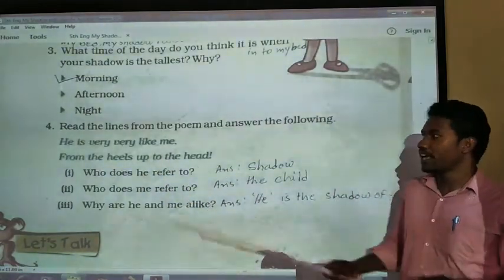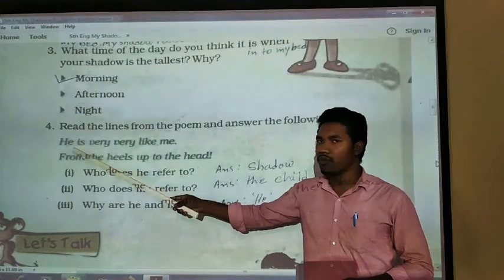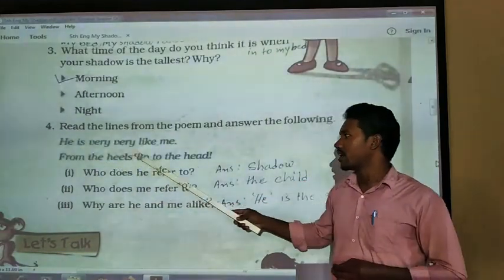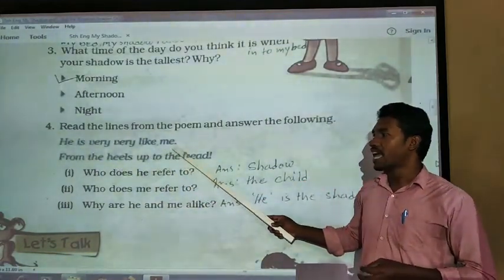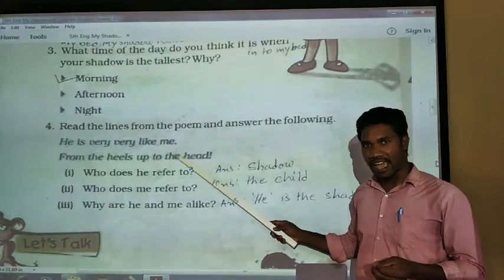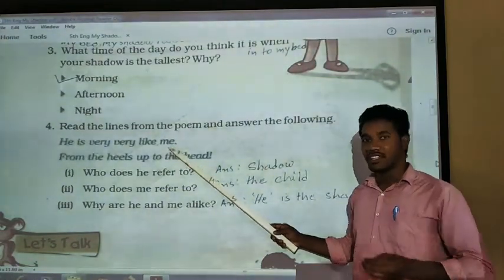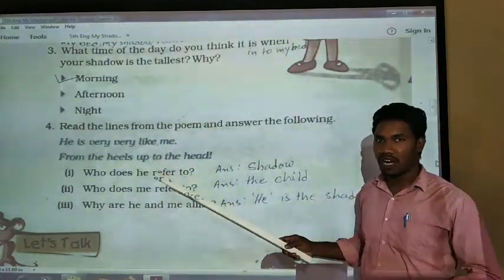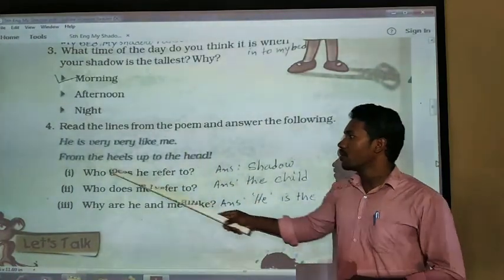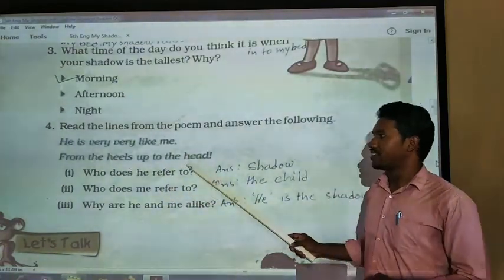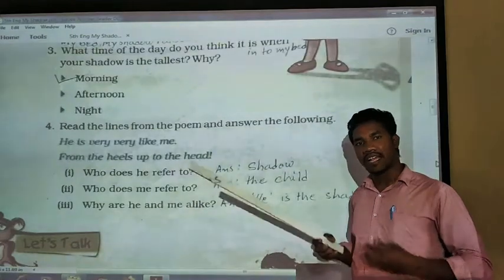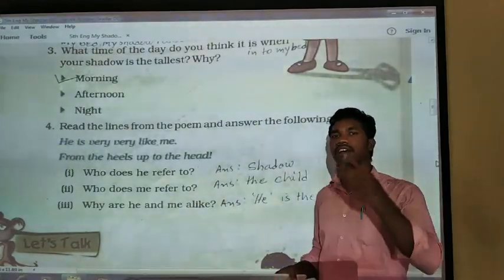He refers to whom? The shadow. He is very, very like me. And who is the me? The child who is speaking about his shadow. Then from the heel up to the head. So the shadow is very, very like me from the heel up to the head.